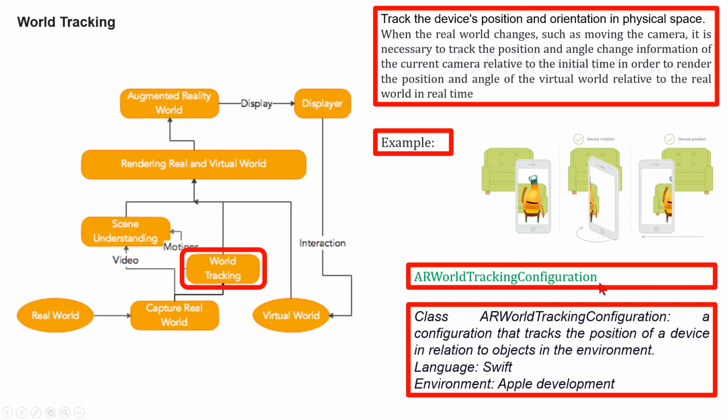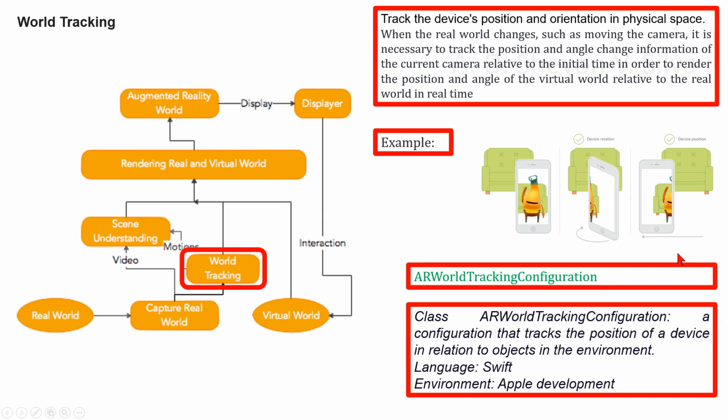ARWorldTrackingConfiguration class tracks the device's movement in 6 degrees of freedom: the 3 rotation axes, roll, pitch, and yaw, and 3 translation axes, movement x, y, and z.